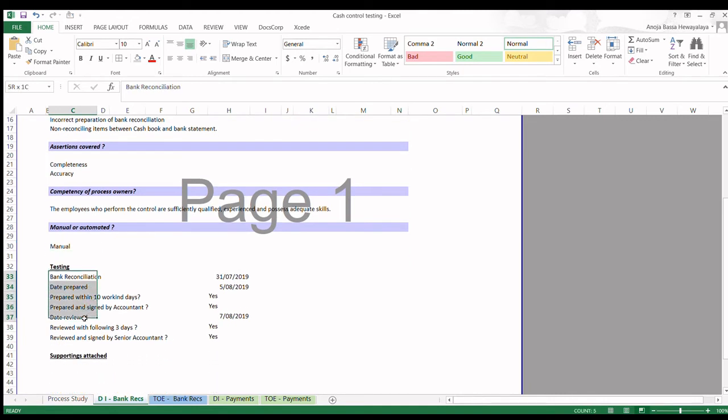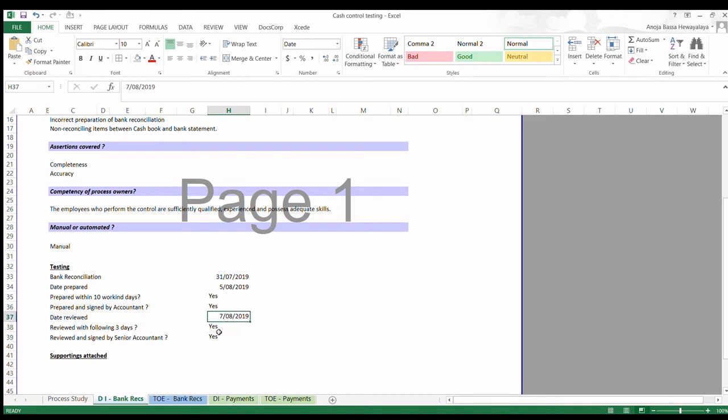And as I said, it's enough to check just one to evaluate the design and implementation. So here I have selected one bank reconciliation, just randomly picked one, and then I have tested whether this was prepared by the junior accountant within 10 days and then reviewed by the senior accountant within the following 3 days.